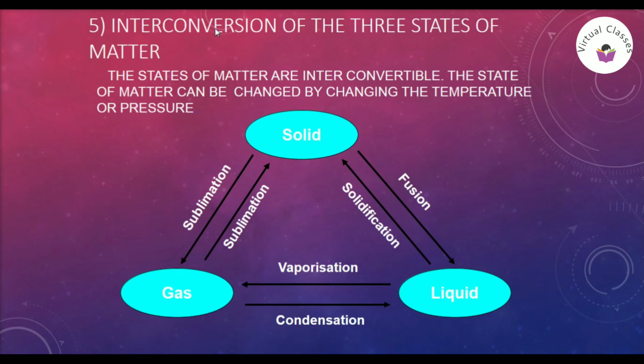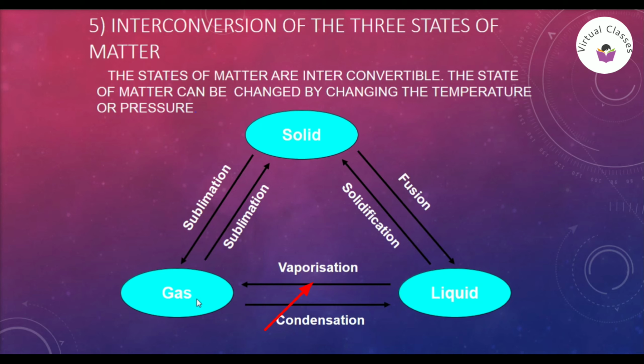Now let's see interconversion of the three states of matter. The states of matter are interconvertible. The state of matter can be changed by changing the temperature or pressure conditions. The process of converting solid into liquid is called fusion, and the process of converting liquid to gas is called vaporization.